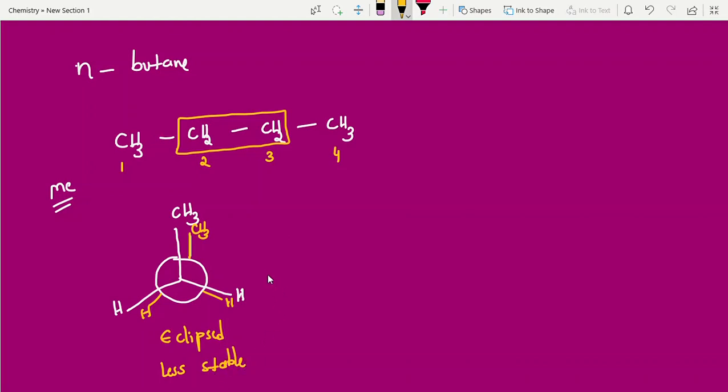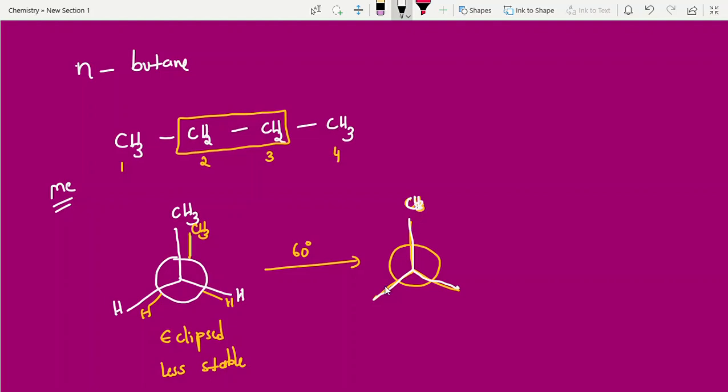Now angle, if you rotate, this is 60 degrees. See, front carbon fixed, CH3, and this hydrogen. Okay, I'll write in white color only, then easily you can understand. This is, okay, white color, that is nothing but front carbon.